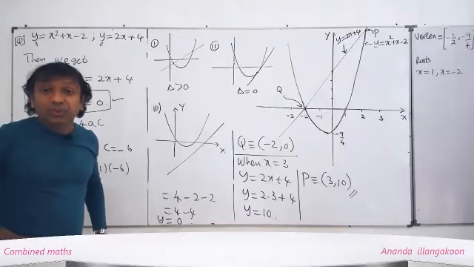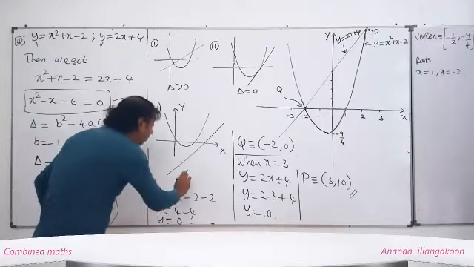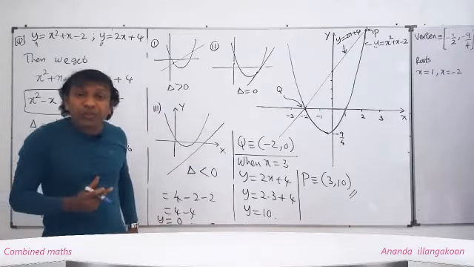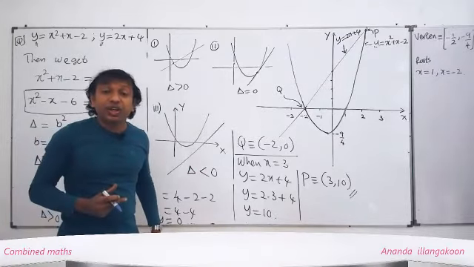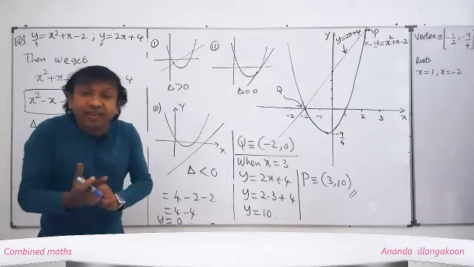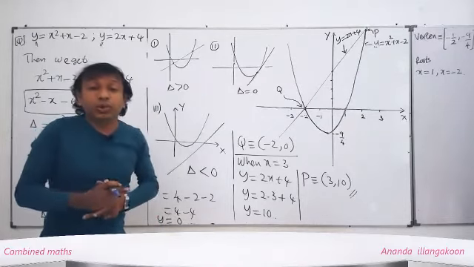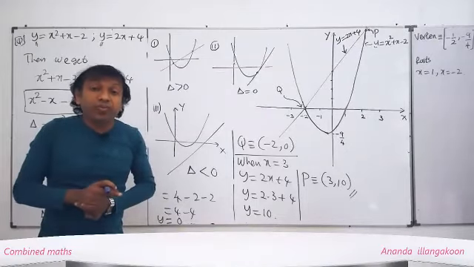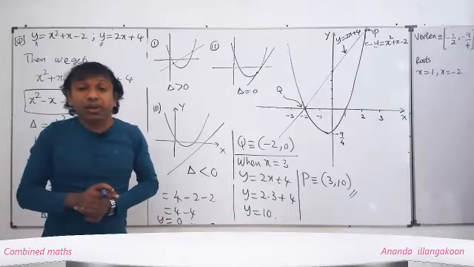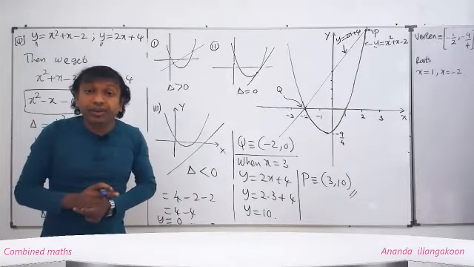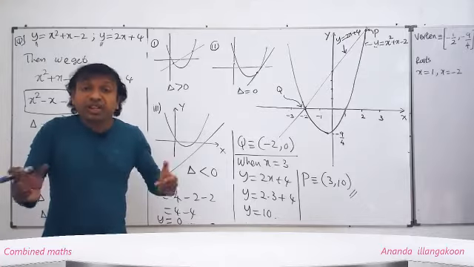So for that, what can you say, people? Delta negative. Now you have a proper way of determining, when you are given the equation of a quadratic graph and a straight line, without drawing them on the OXY plane, whether they intersect, touch, or lie separately.